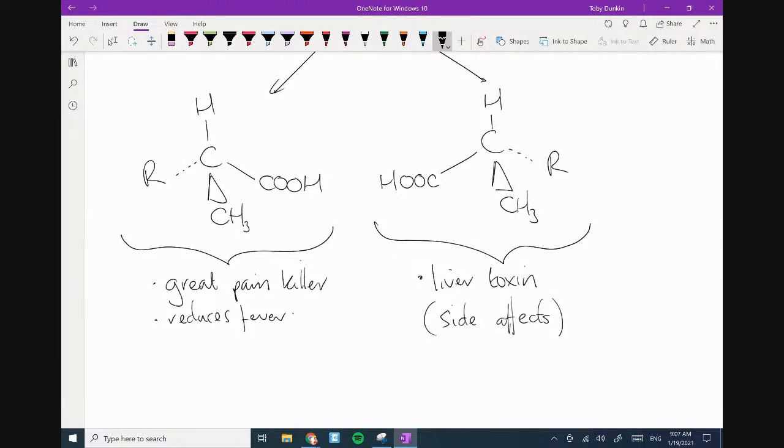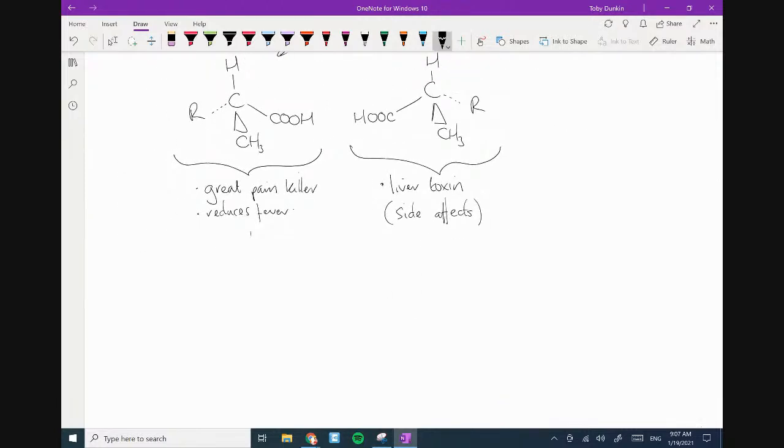In reality, this one is actually more effective than this one. If you decided to take way too many ibuprofen, it's this one that'll kill you. Overdose death will be reflected as a liver toxin.